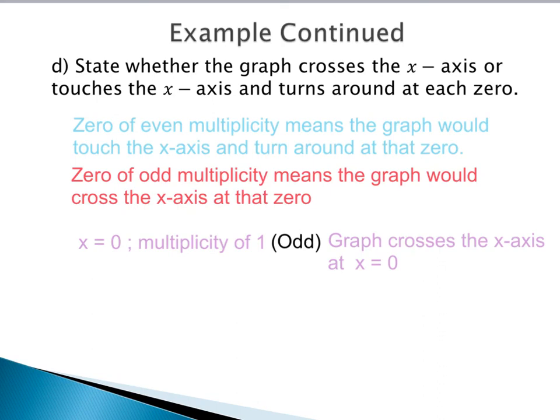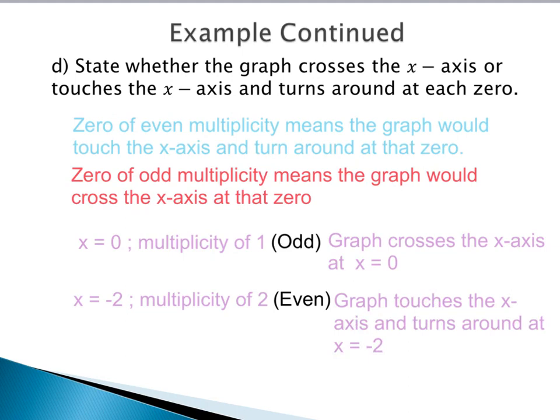At x equals -2, we had a multiplicity of 2. That multiplicity is even, which means that the graph touches the x-axis and turns around at x equals -2. Looking back at what we did with the intermediate value theorem, hopefully this makes a little bit of sense, because we said that there should be at least one real zero between -4 and 1.